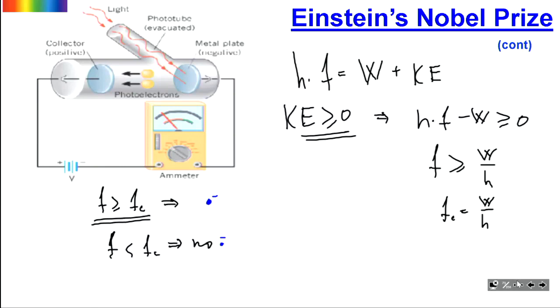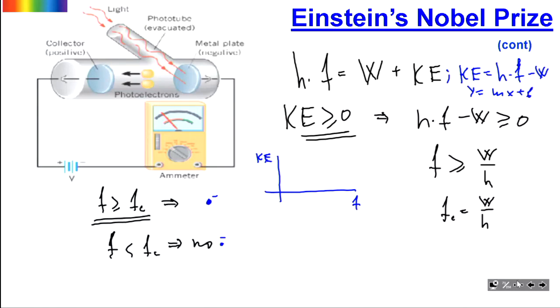Now, of course, we can try different frequencies and measure the kinetic energy of those electrons. It should be equal to this. In mathematics, this is a linear function.